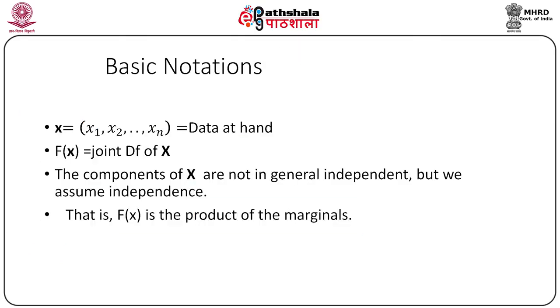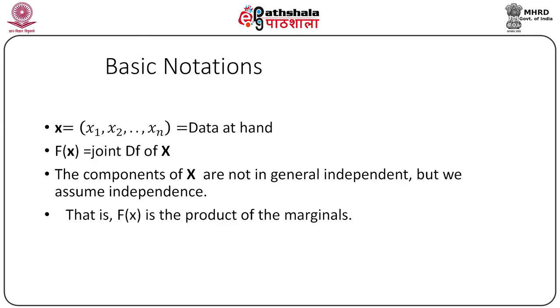Before we go to details of this module, we start with defining some basics. Suppose x1, x2, ..., xn is the data in hand. We assume that the underlying distributions are unspecified, but observations are independent.